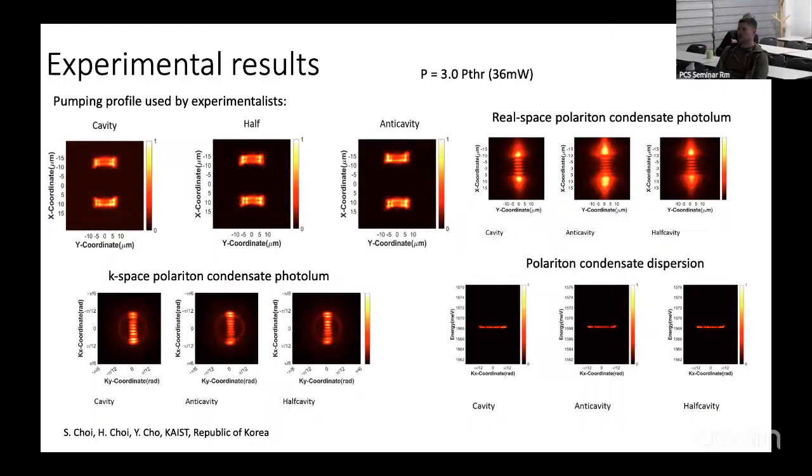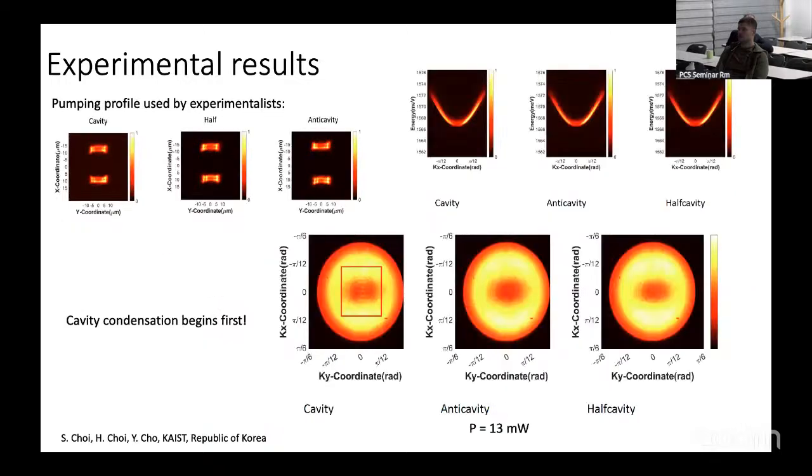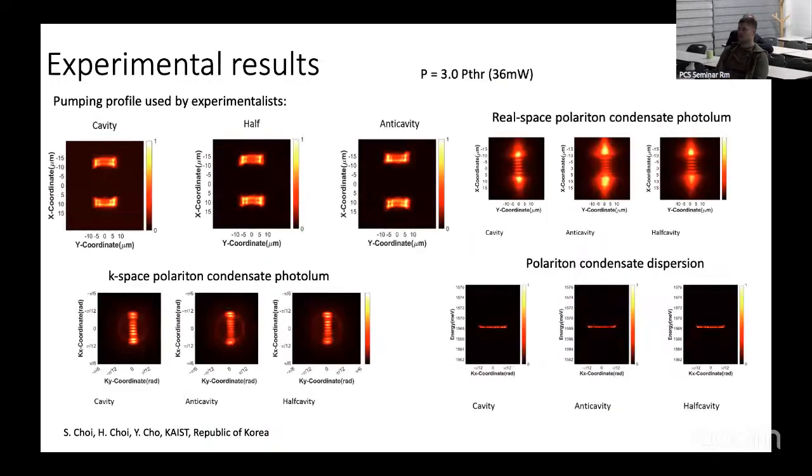Is that why for anti-cavity the tails are more spread out? They were spread out to control the total amount of power, the total amount of injected particles in your system. If you compare cavity and, for example, two boxes, it's hard to maintain the same total pumping power per area that you inject in the system.